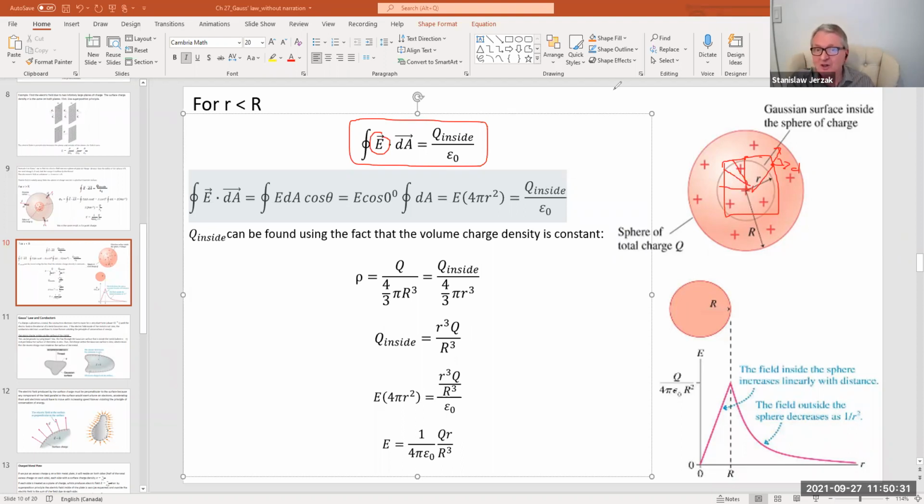You will see that for all our calculations, the convenient Gaussian surface will be either a spherical surface or a cylindrical surface, or in some other cases some other type of closed surface. I've explained a little bit about this last time as well. It must be a spherical surface to make the flux calculation very easy, like I did on that line.